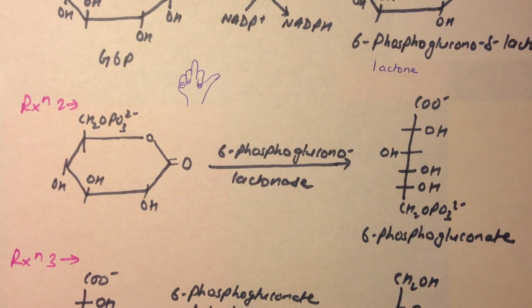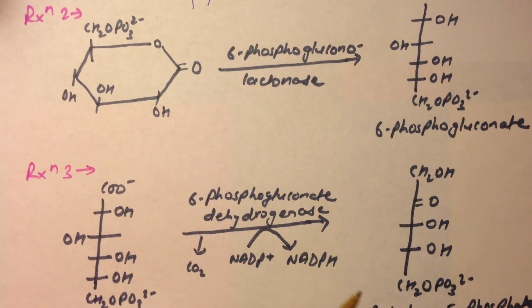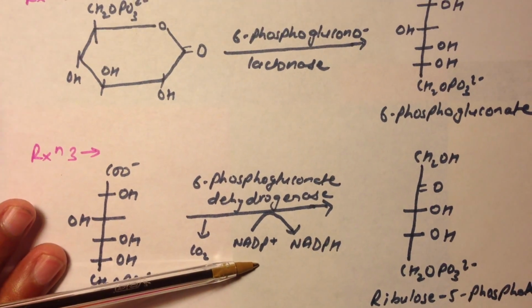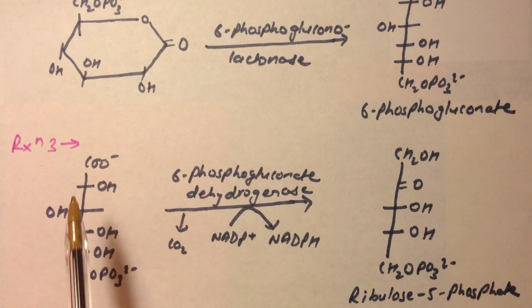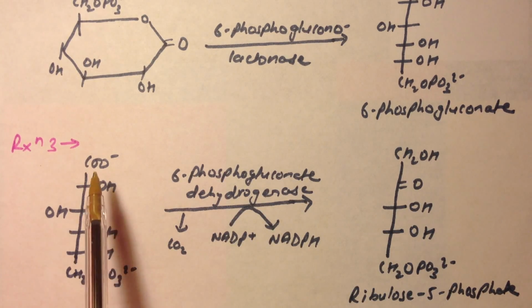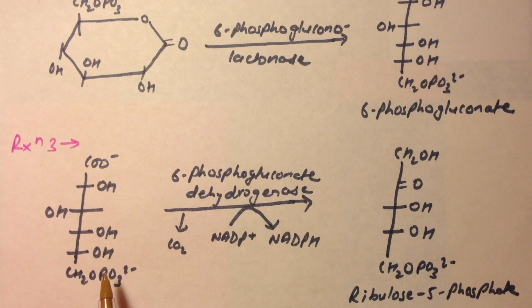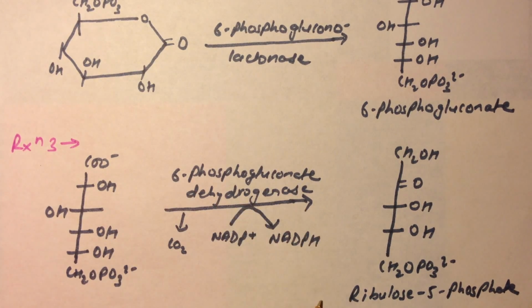Now finally, let's go to reaction number 3, in which 6-phosphogluconate is converted into ribulose 5-phosphate. You have this 6-phosphogluconate right here, and by the enzyme 6-phosphogluconate dehydrogenase, it's converted into ribulose 5-phosphate.